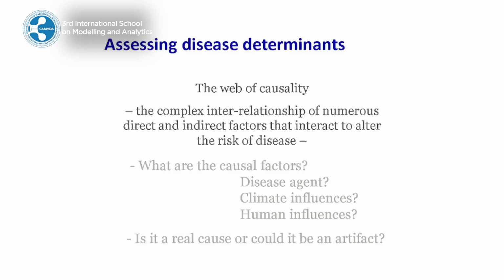So now, what are the causal factors? We have disease agents. What disease agents do we have? Not reservoirs. We are talking of malaria. Agents like microbial agents. Bacteria, yes.